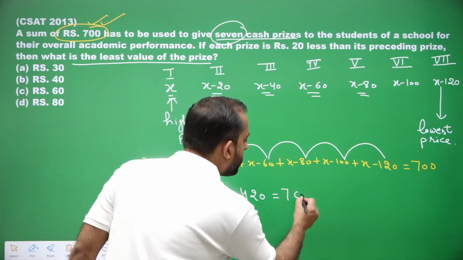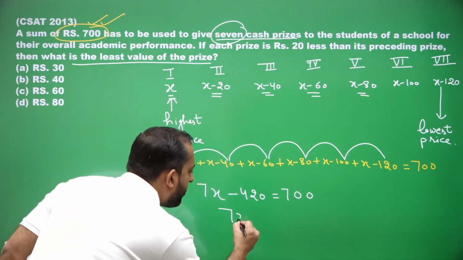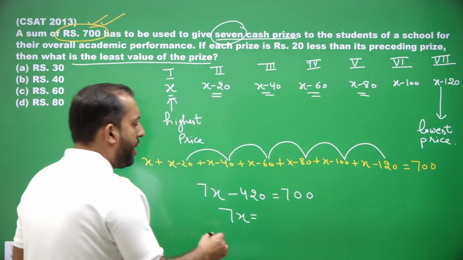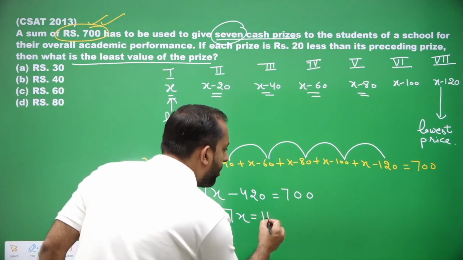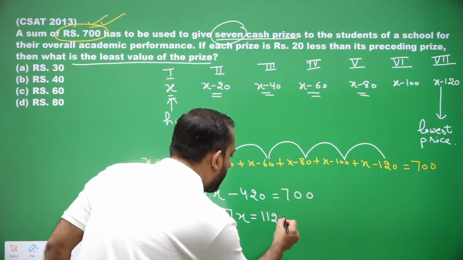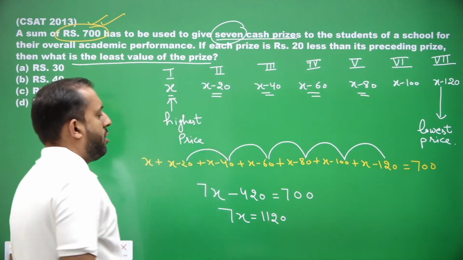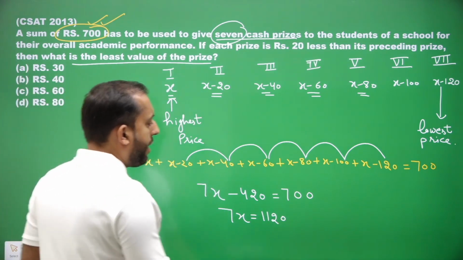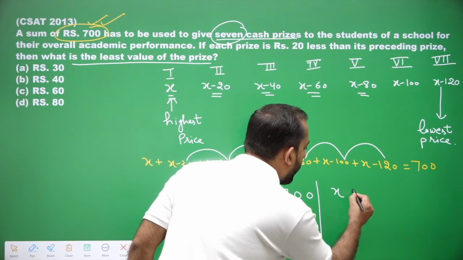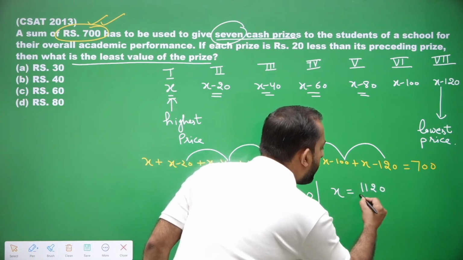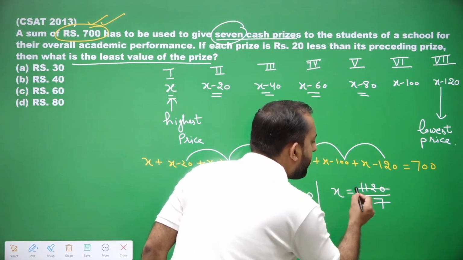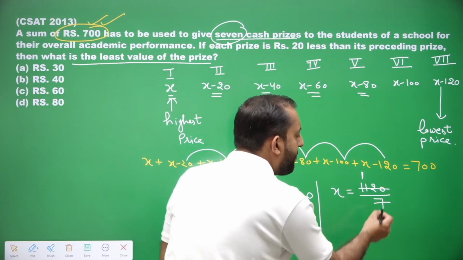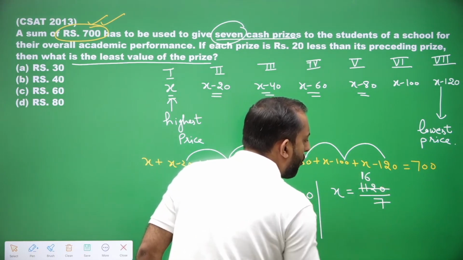Equal to 700. Solving it further, 7X is equal to 1120. And if you solve it for X, X comes out to be 1120 upon 7. So 7 ones are 7, 7 sixes are 42.